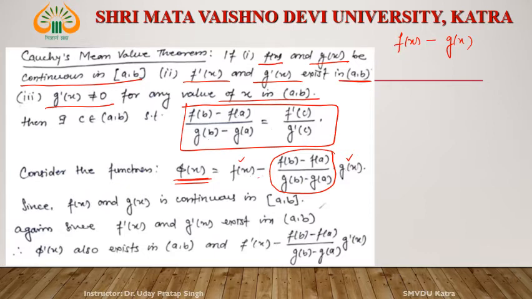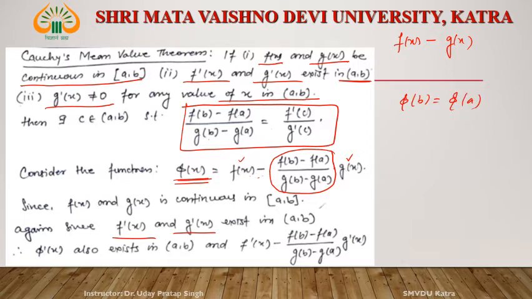So the difference of two continuous functions is continuous by the algebra of continuity. The second condition is that f prime x and g prime x exist in (a, b). It is given in the statement, the second condition of the Cauchy mean value theorem. Also, we can show that phi(b) is equal to phi(a).